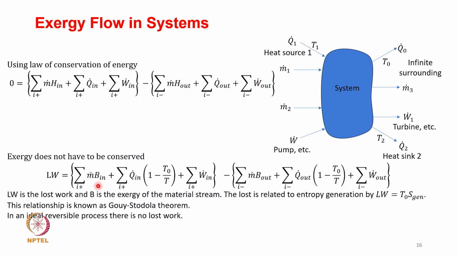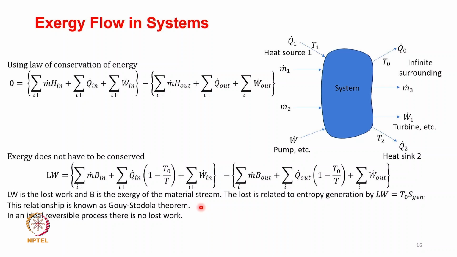And what is the exergy loss here? So, m times B in. There is no B in the energy balance; that is simply the conservation of energy. If you want to compute the exergy, it is m times B in, Q in times 1 minus T naught by T, and W in, and you go to m B out, and Q out times 1 minus T naught by T, and W. Also, we now include everything, including the work that is done. Here LW is the work lost, and B is the exergy of the material stream.